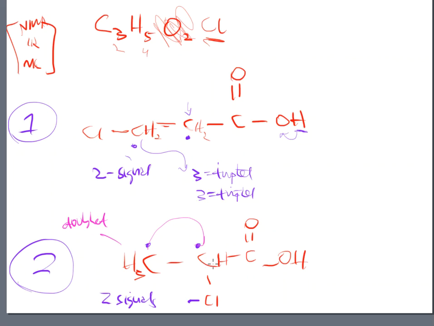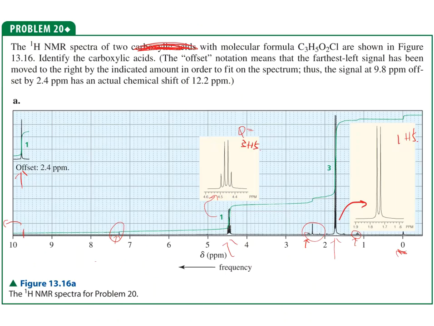And then for this particular carbon, I've got 1 neighbor. That neighbor has 3 kids. 3 plus 1 is 4. So this is a quartet that I should have with another one of my signals. So let's take a look and see if that matches. Here I get a signal, and that signal is a quartet. And then here I get another signal, and that signal is a doublet. So it does match basically the predicted order.